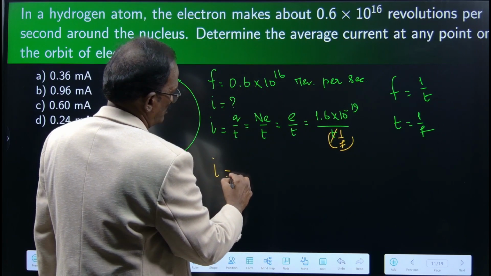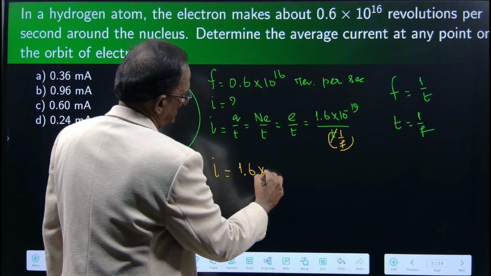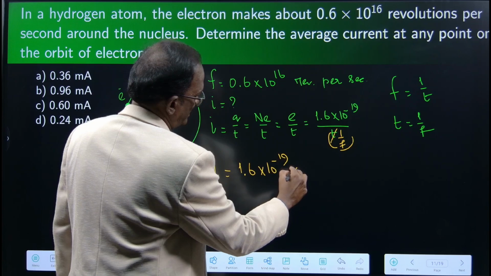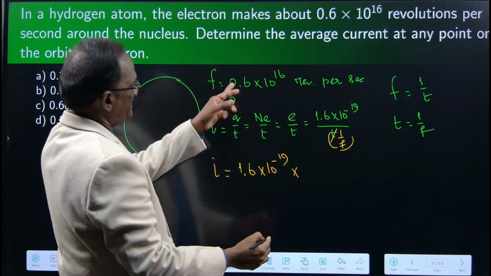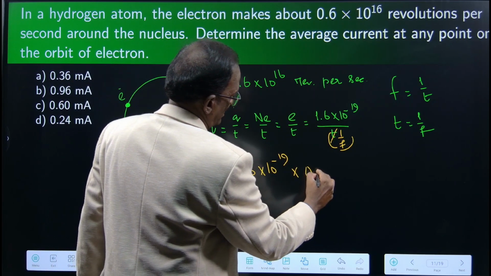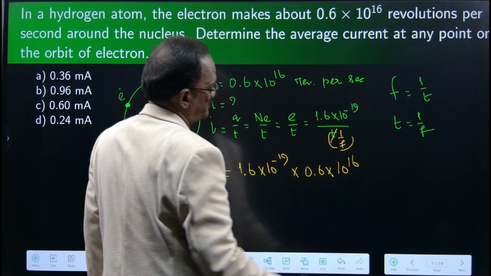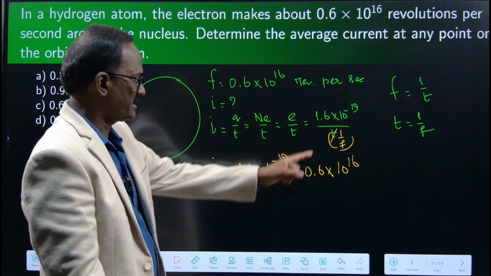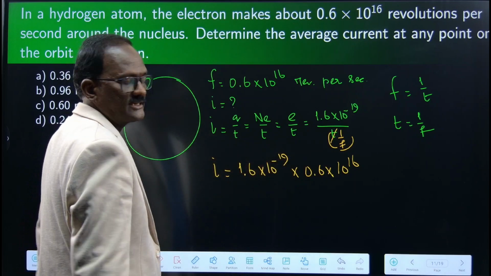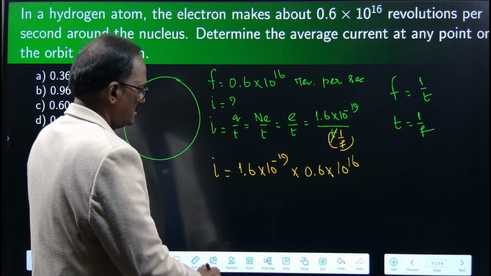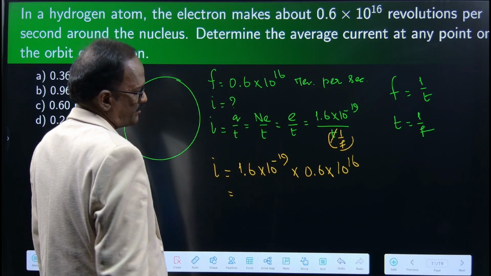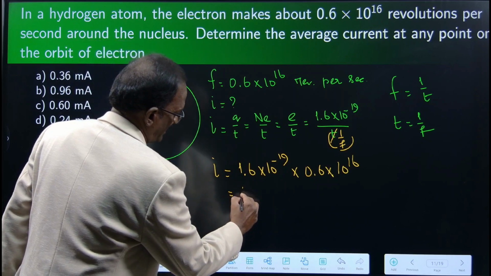So I is equal to 1.6 into 10 to the power of minus 19 times F. F value is 0.6 into 10 to the power of 16. So this is 1.6 into 0.6, which is 0.96.